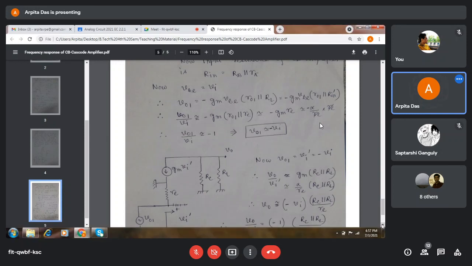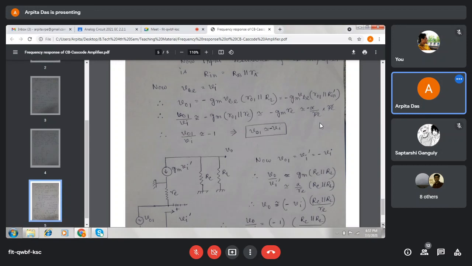Then we use that kind of cascading connection, where gain is not important, but frequency bandwidth is important. Here we lose the amount of gain in the first stage, but in that case, we improve the frequency bandwidth of the amplifier.